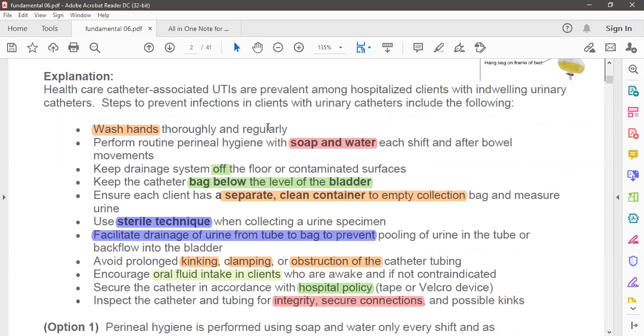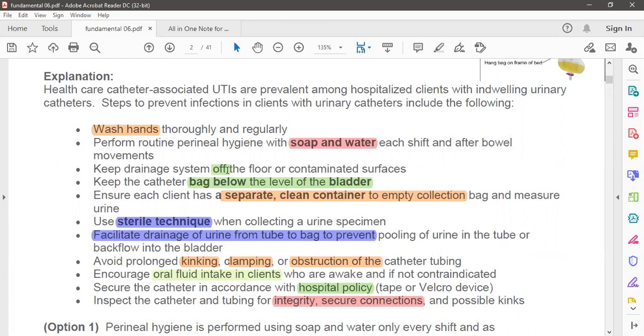When you wash your hands, it should be at least 10 to 20 seconds. And perform routine perineal hygiene with soap and water. In this question, no antiseptic is mentioned, only soap and water. Keep the drainage system off the floor and contaminated surfaces.